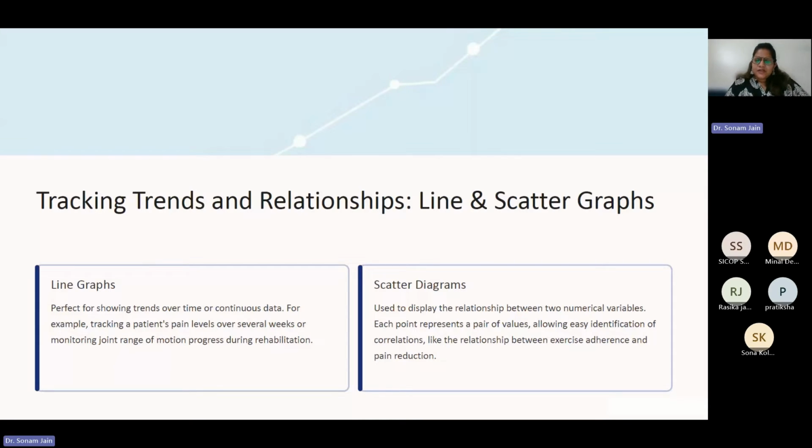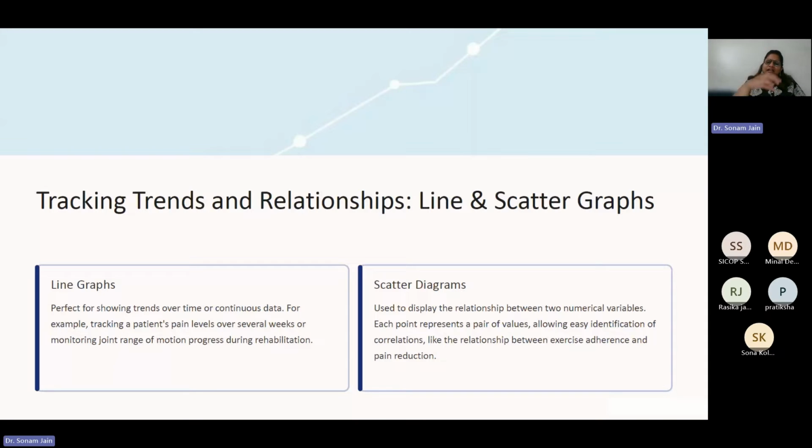Each point represents a pair of values, allowing easy identification of correlations, like the relationship between exercise adherence and pain reduction. So scatter diagrams tell us about a correlation between two variables.